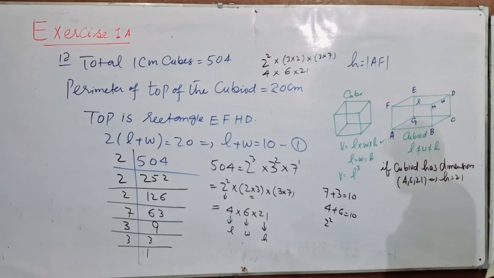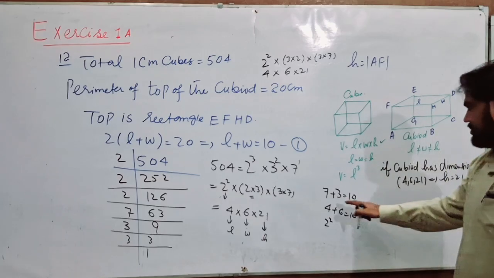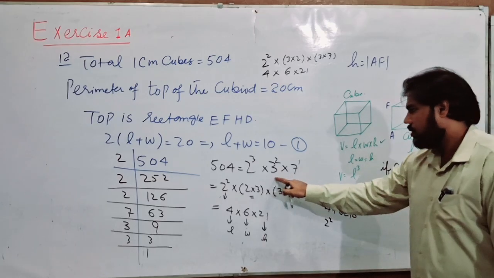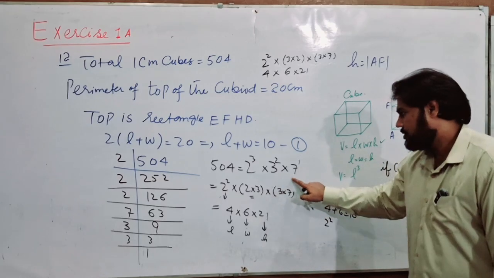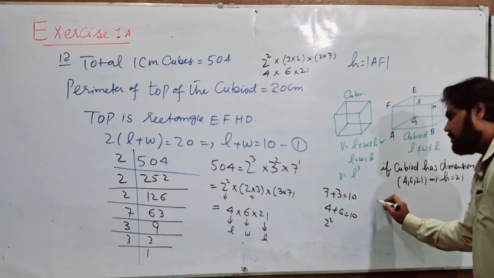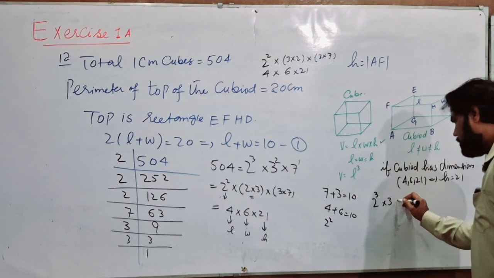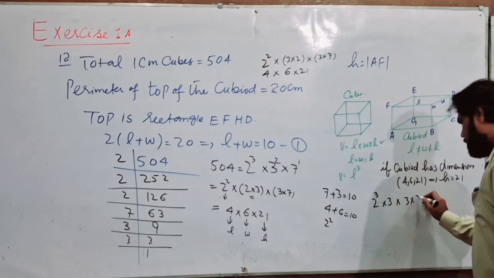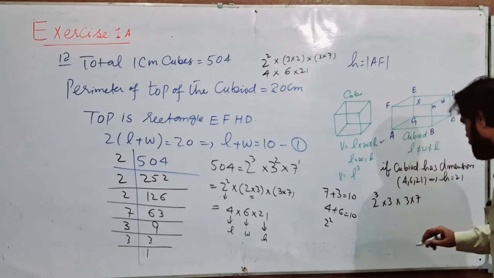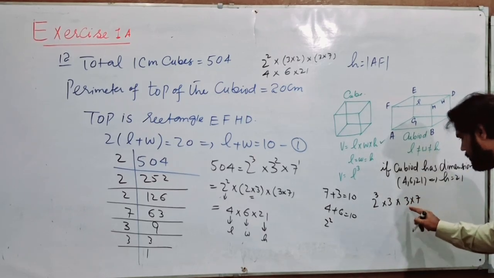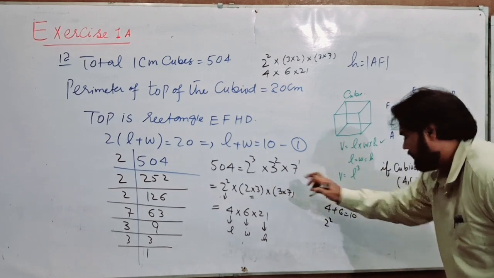There is another possibility to make 10. This is 7 plus 3. Now we can break this product as 2 cube into 3 into 3 into 7. We attach one of the 3s with 7.